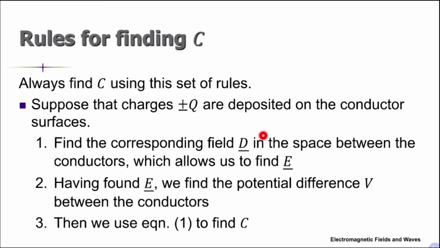This is covered in our earlier lecture. How do you find D? What law do we use? Remember what law we can use to find D? Gauss's law. So we can use Gauss's law to find D.